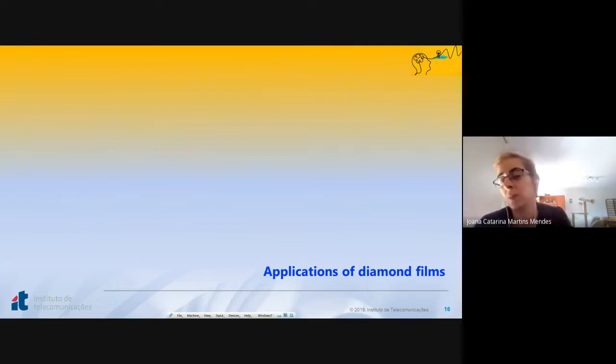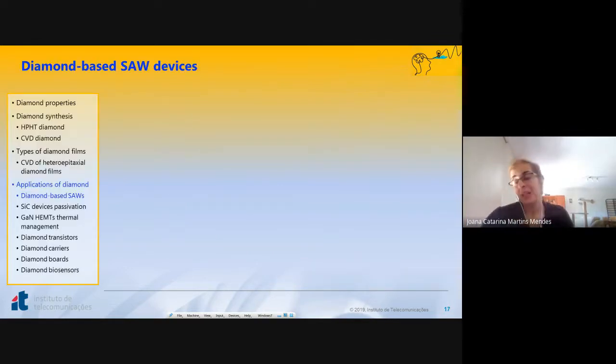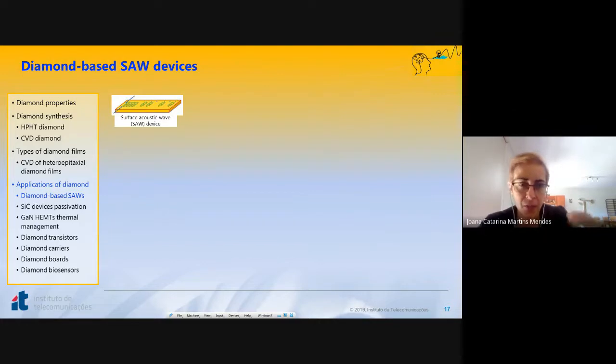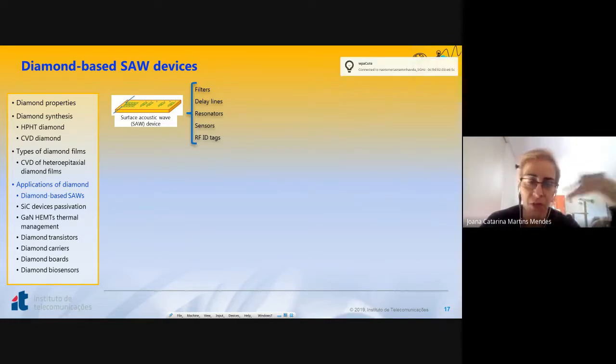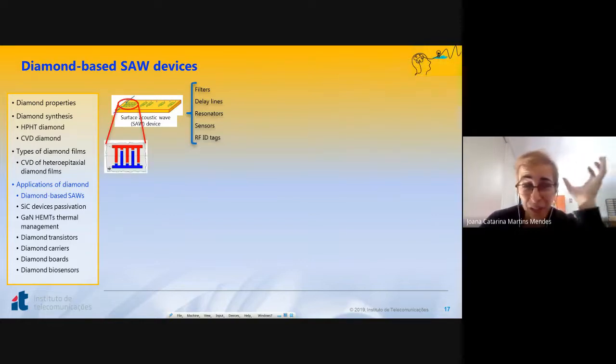And now, some applications. The earliest application that we tried in Aveiro was the fabrication of diamond-based SAW devices. A surface acoustic wave device, or SAW device, is present in everyday electronic gadgets. You have them as filters, delay lines, resonators, sensors, and more recently also as RFID tags. And they are very simple devices.